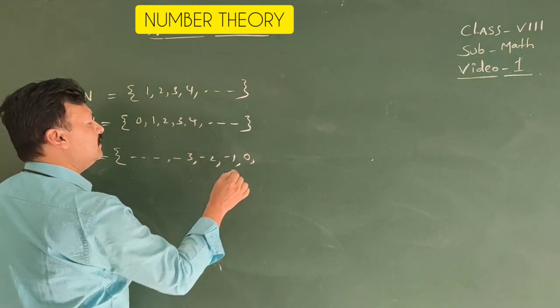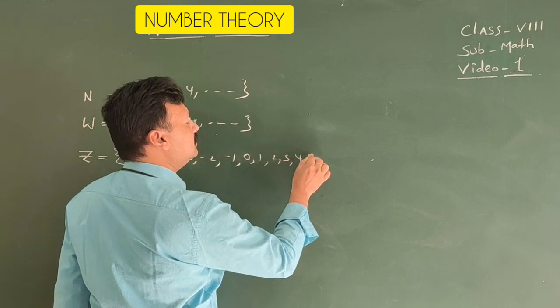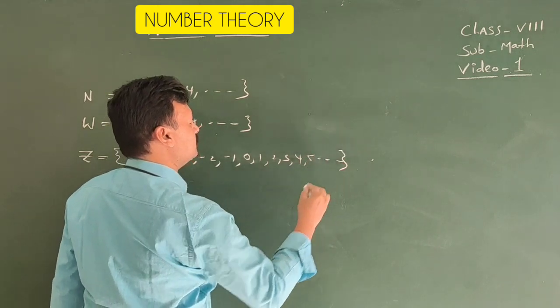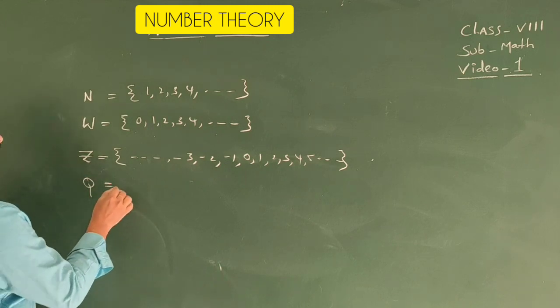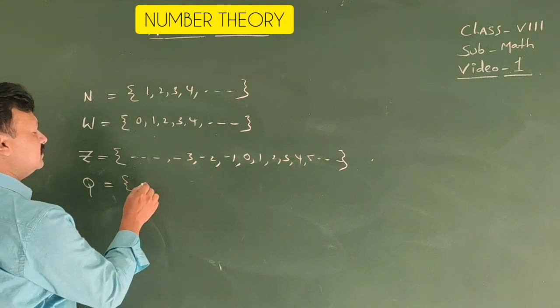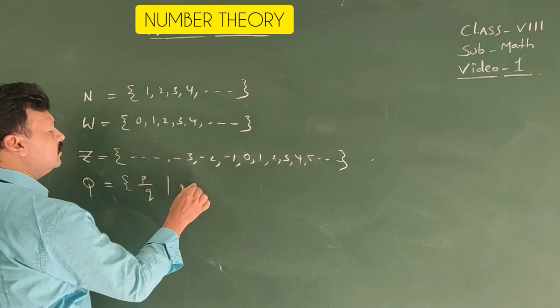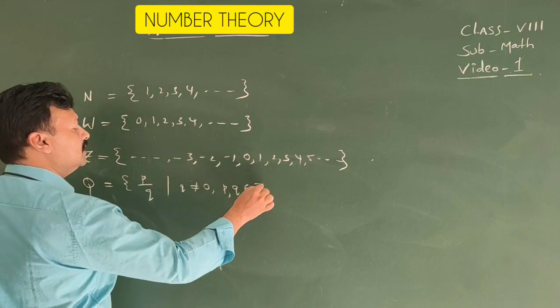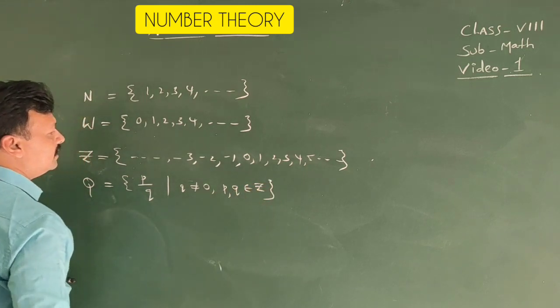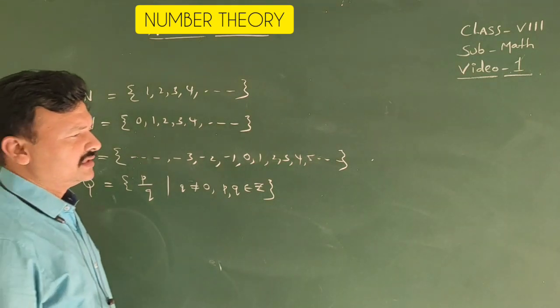Zero along with the natural numbers and their negatives are integers. Next, rational numbers. Numbers which are in the form of p by q, where q is not equal to 0 and p, q belong to integers. What is the difference between a rational number and a fraction?